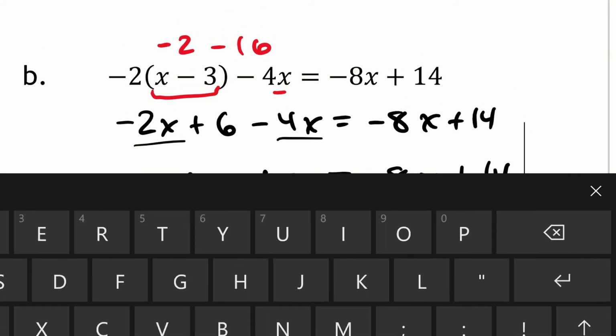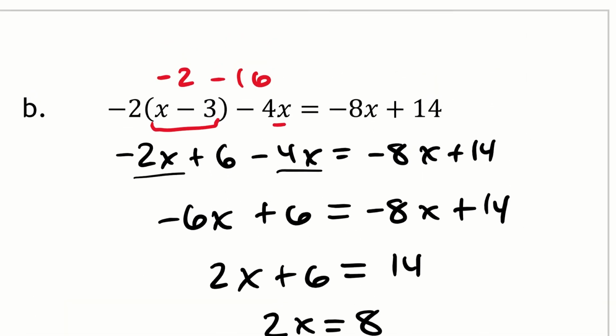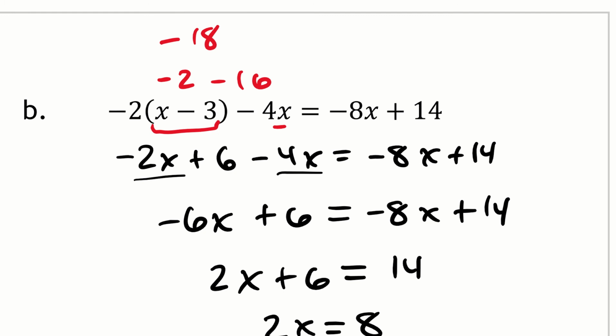Those two together would make negative 18. And then on the other side, if I put a 4 here, that's going to give me negative 32 plus 14. So if I have 32 and I subtract 14 from it, I do get negative 18.